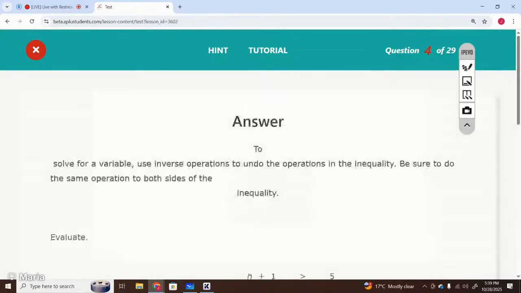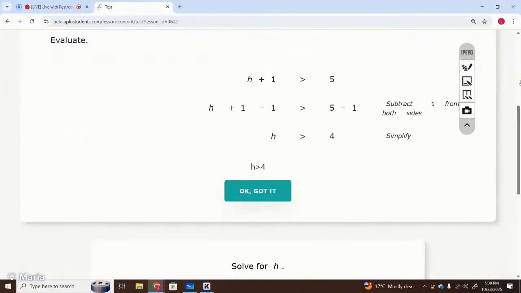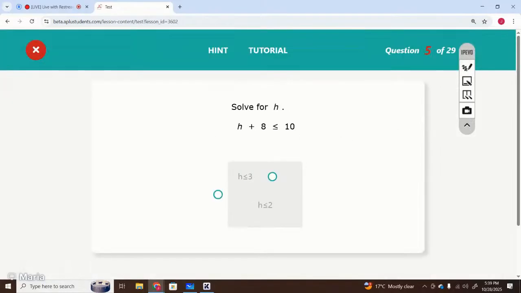Option number 2 is the correct option. h is greater than 4, not 6.